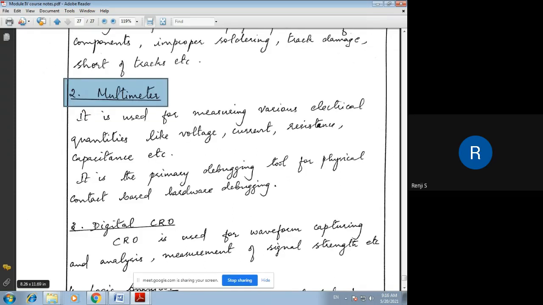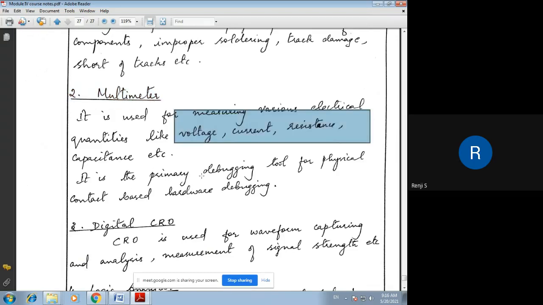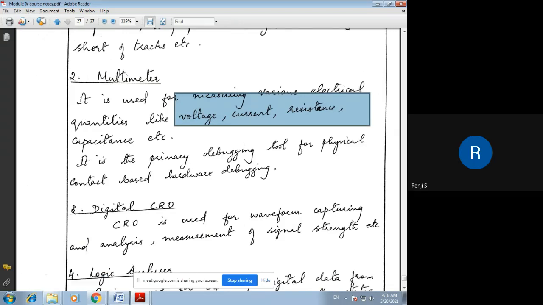That is, you can check the components individually by directly connecting it to these components. So that is the multimeter for checking the various signals, like voltage, current, resistance, capacitance, etc.